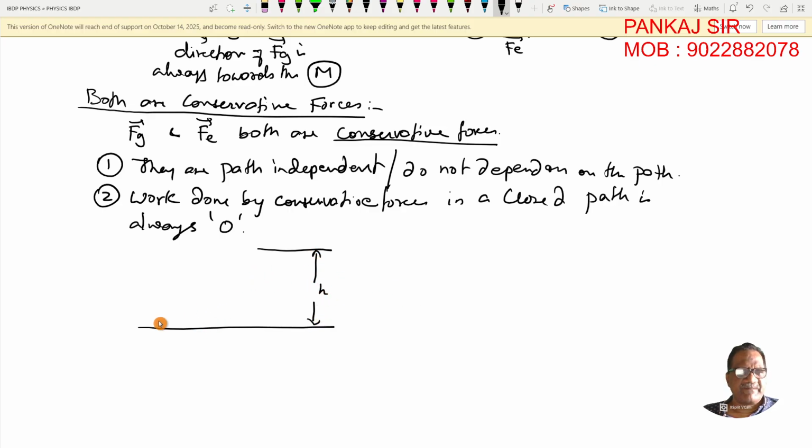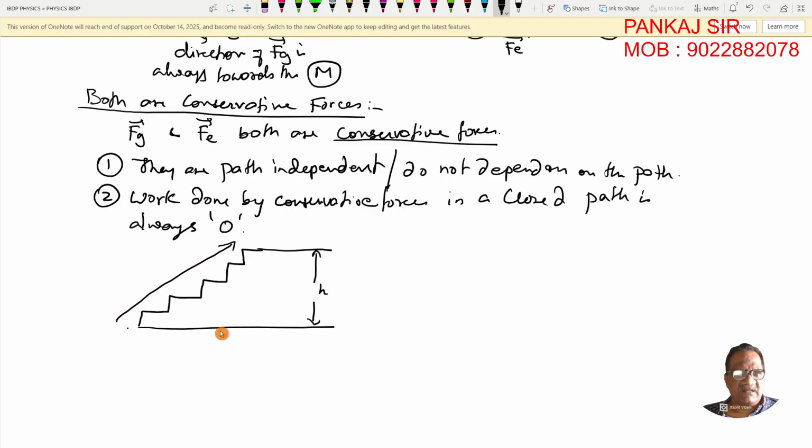Now you can imagine a person going from the ground level to this height, climbing up the ladders. You say that this particular person has covered a vertical distance of h, but by climbing. So this is the path.